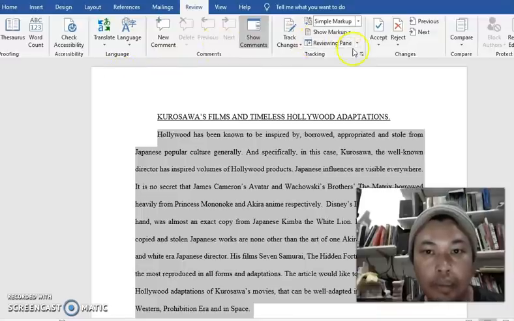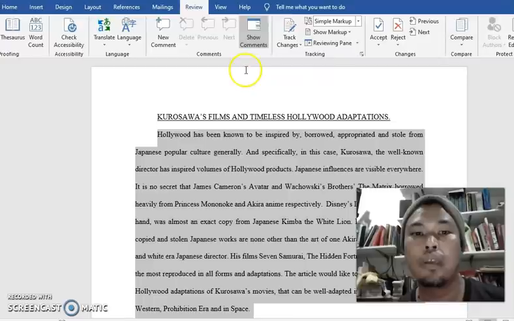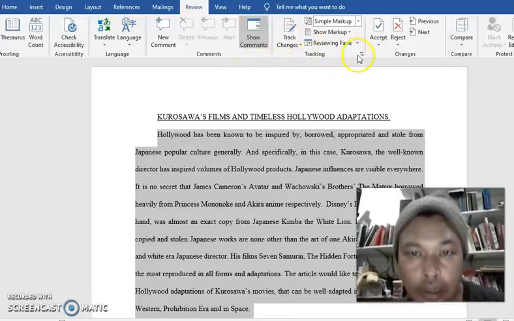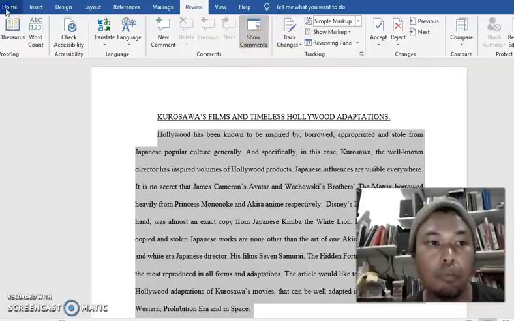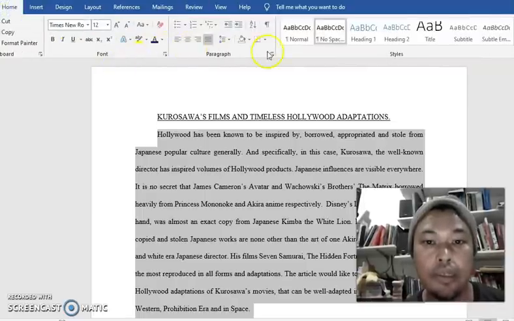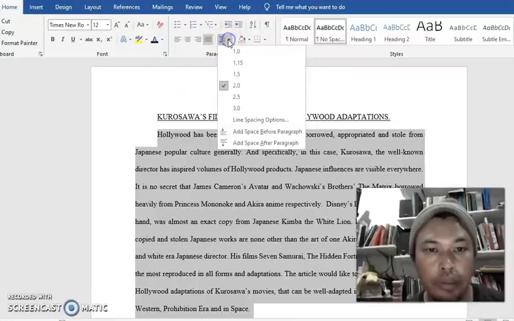Oh, this is my wife's laptop. Usually my PC is here. Home again. Oh, it's here. So spacing is here. So for example, double spacing is 2.0.